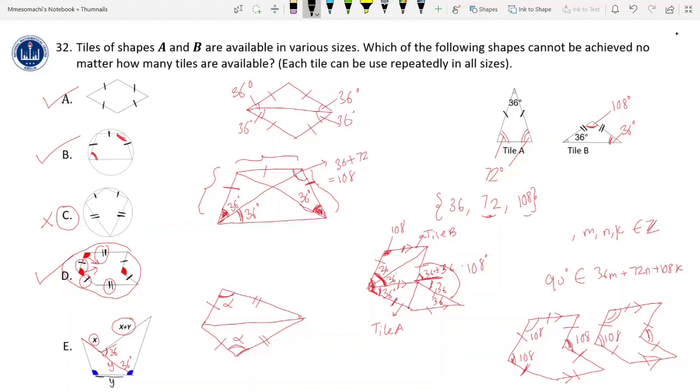So to show that we can form this, I'll just erase this. We bring tile B. So let from here to here be Y. And then we construct an isosceles triangle. So this is tile B, this is 36, so it means this is also Y. And this is 36.